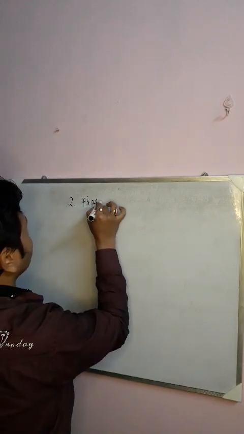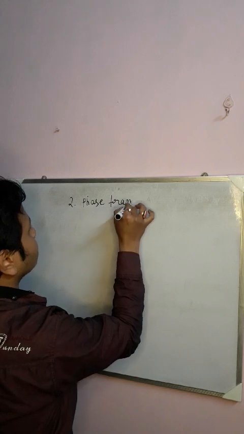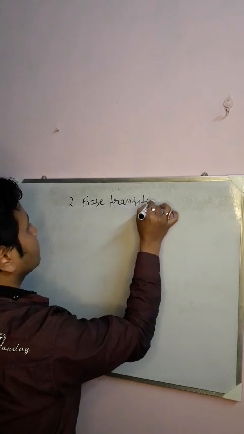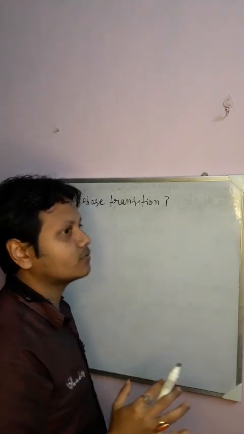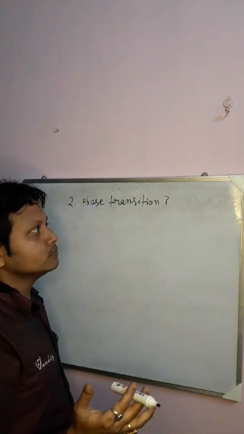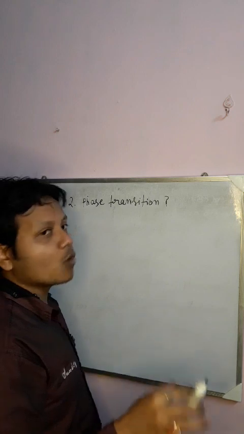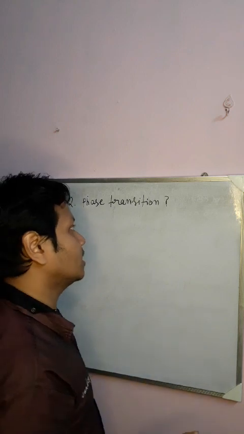Okay, what is phase transition? Now phase transition is nothing but the transition from one state to another, the transition from one phase to another phase of a thermodynamic system.